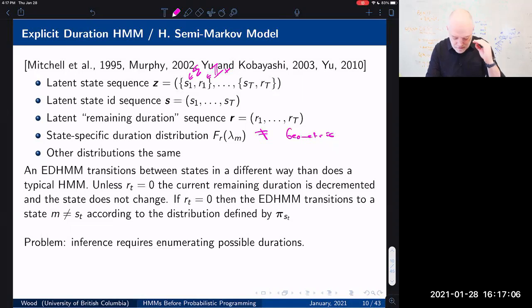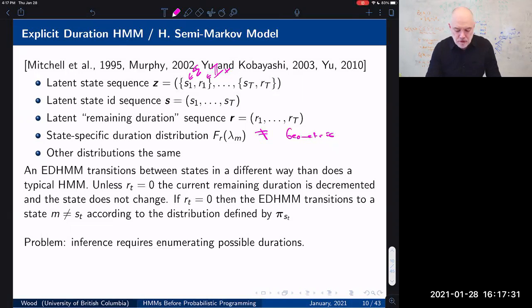And when the remaining time equals 0, then and only then does the HMM transition to a new state. So you can specify all kinds of different structural assumptions and priors about how the states relate to one another and which states you can get to by putting zeros in A and by doing exactly what we're talking about here.